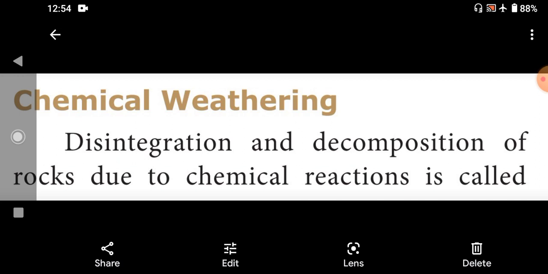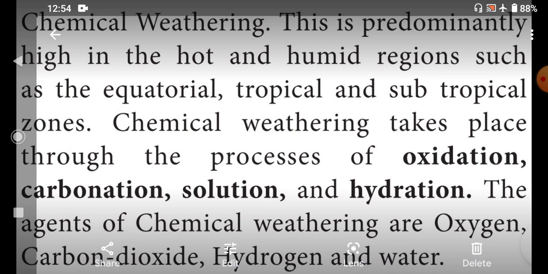The disintegration and decomposition of rocks due to chemical reaction is called chemical weathering. This is predominantly high in hot and humid regions such as the equatorial, tropical and subtropical zones because of high heat.